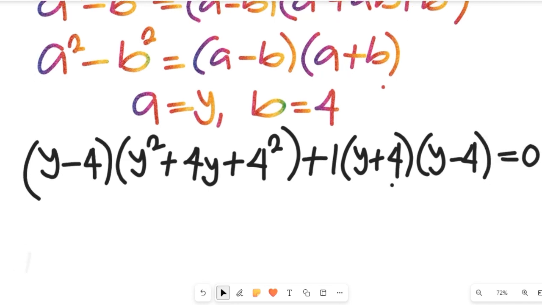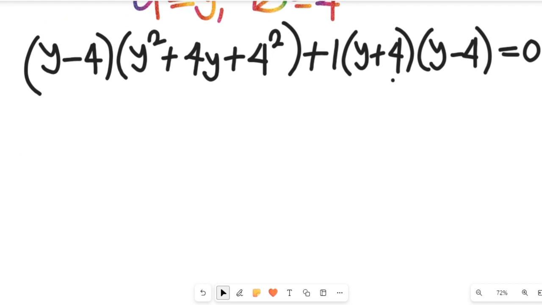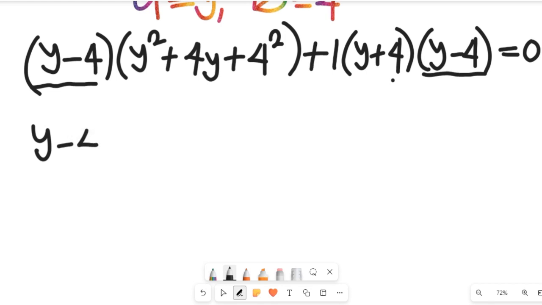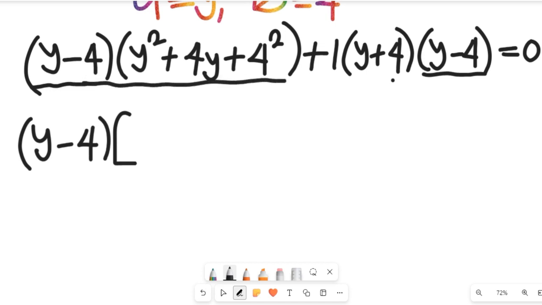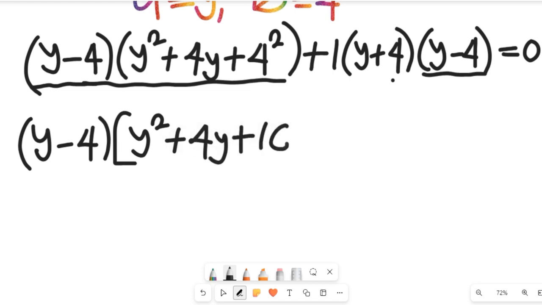Great. Now, having gotten this expression, we'll simplify further. Now recall that we have two expressions which are common, y minus 4 and y minus 4. So we're going to bring out y minus 4 as a common expression. And if we divide this whole part by y minus 4, we're going to have y squared plus 4y plus 16 left, because 4 squared is 16.